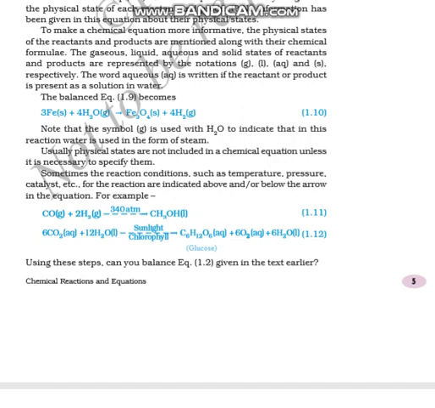For example, in equation 1.11 in your textbook, that is given as CO, carbon monoxide, plus H2O. This reaction is taking place at a temperature of 340 atmospheric pressure, right? So this 340 atm you have to write above the arrow mark.